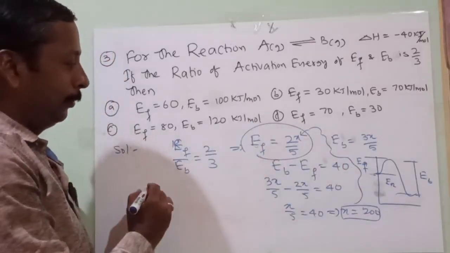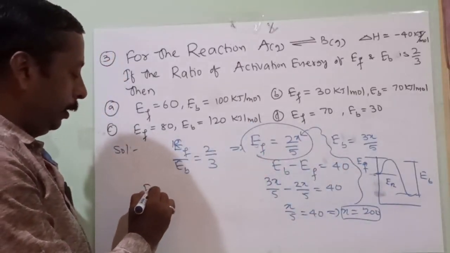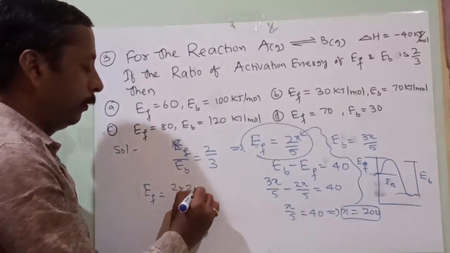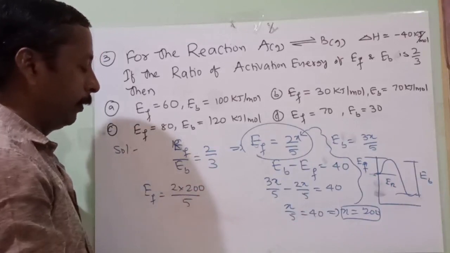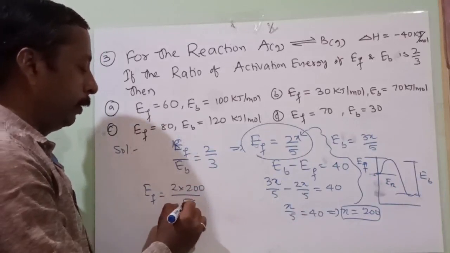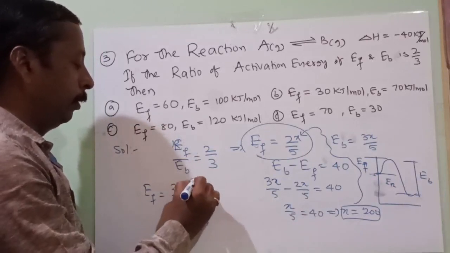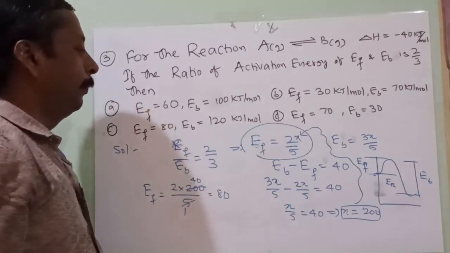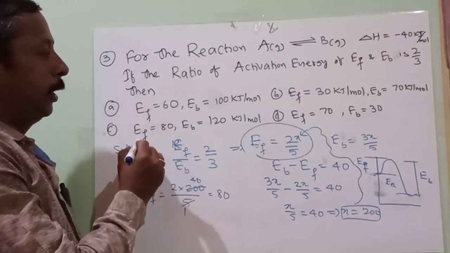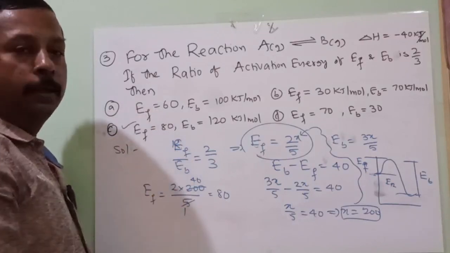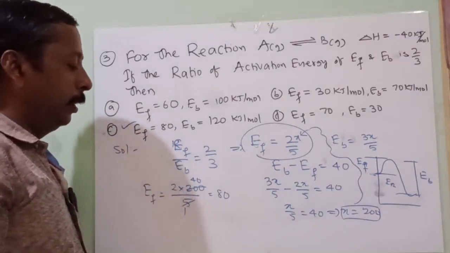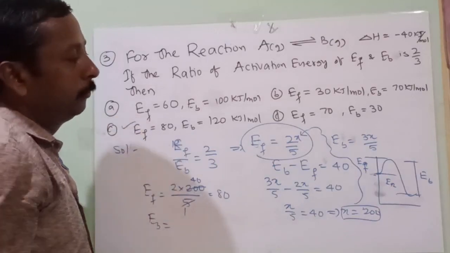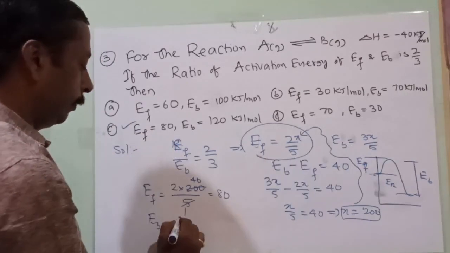Understood? So EF is equal to 2 into, in place of x I will write 200 divided by 5. 5 ones are 5, 5 eights are 40, so that will be 80. Okay, so my answer will mostly be this one. But don't be in a hurry. Confirm that you also get EB. EB, what is the formula? 3x by 5.